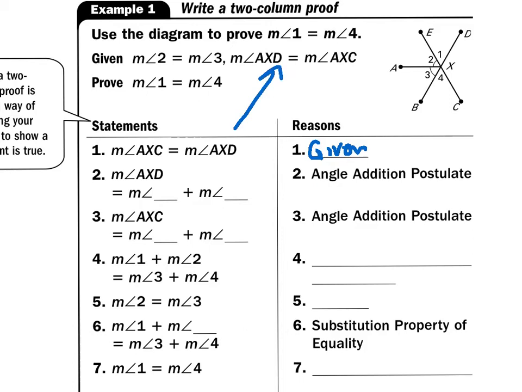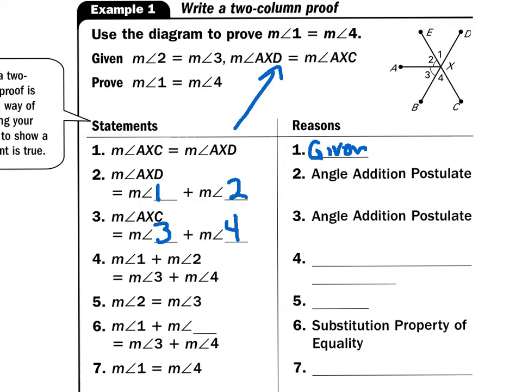So, measure angle AXD. We can break that up into two angles, can't we? We can say that is angle 1 and angle 2 together. And the reason why we can say that is from the angle addition postulate. And then we can break up AXC into two angles. We can say 3 and 4.